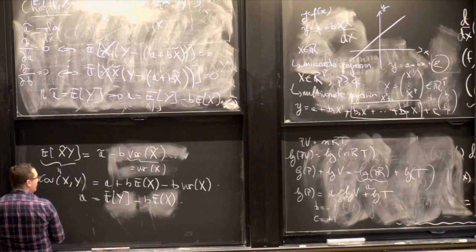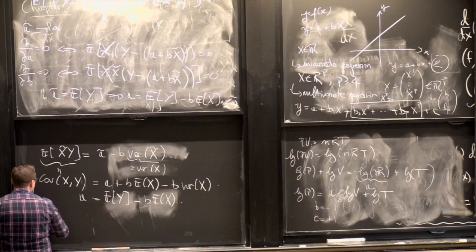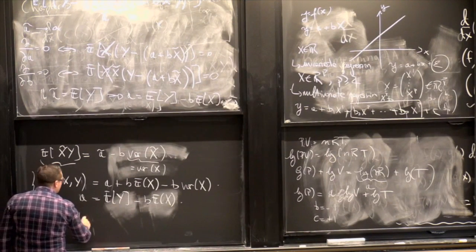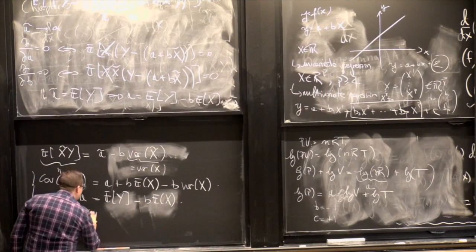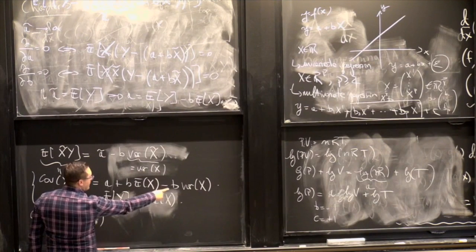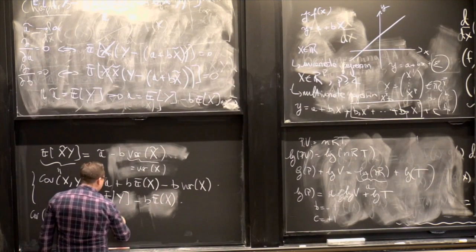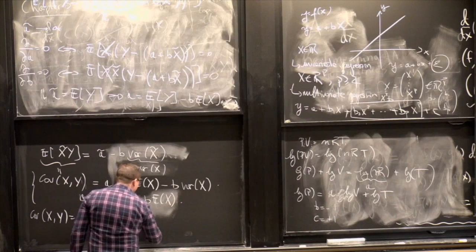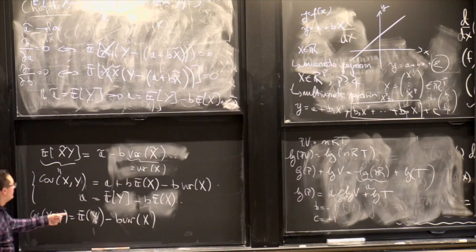And so what I'm going to be left with is covariance of xy is equal to expectation of x, expectation of y. And then I'm left with this term here, minus b times the variance of x. And so that tells me that b, why do I still have the variance there?